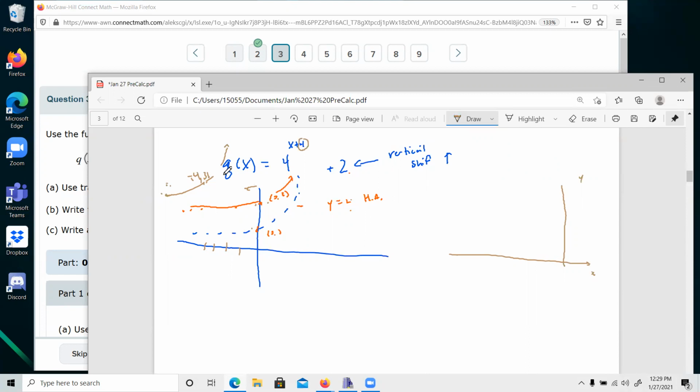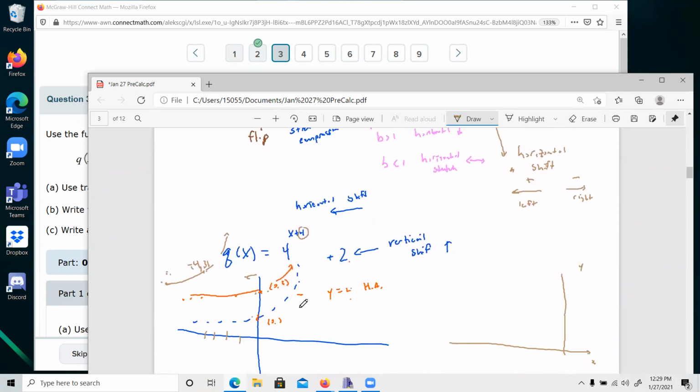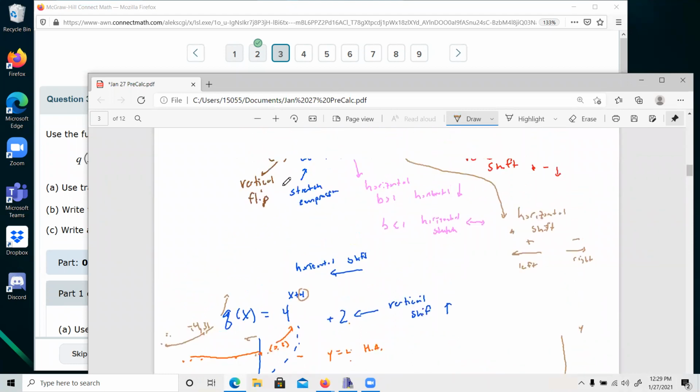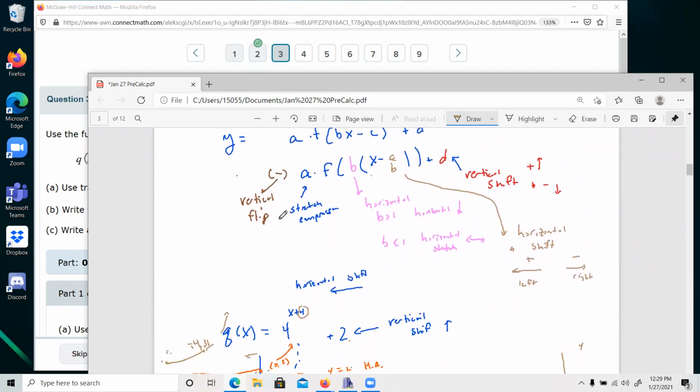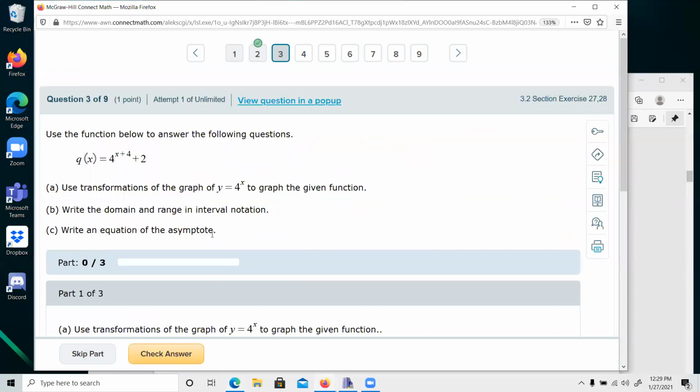It gives me an idea of what I'm expecting to happen. This function isn't too bad of tracking what's going on. I'm going to have a general idea of what's happening with this shift anyway. The only reason I might plot some points is because maybe I'm not quite sure about what's going on here.